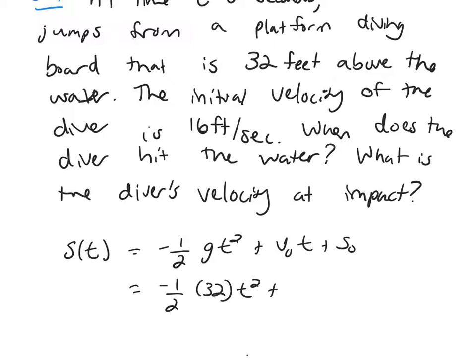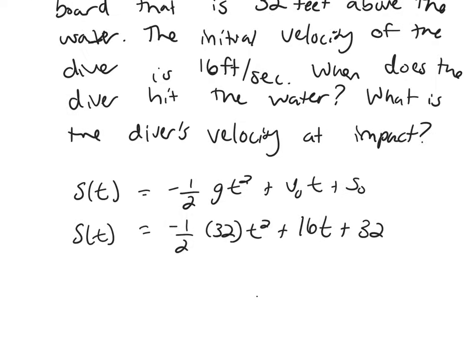What was our initial velocity of our diver? It was 16, so that's v naught. And our diver was 32 feet above the water, so s0 was 32. And this is our function now. So s of t would be negative 16t squared plus 16t plus 32.